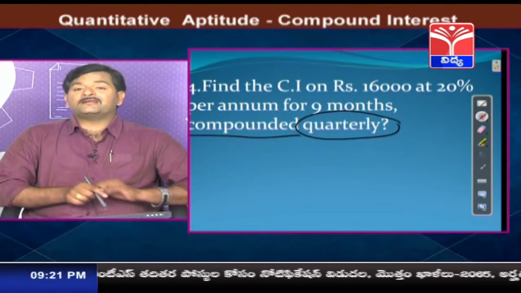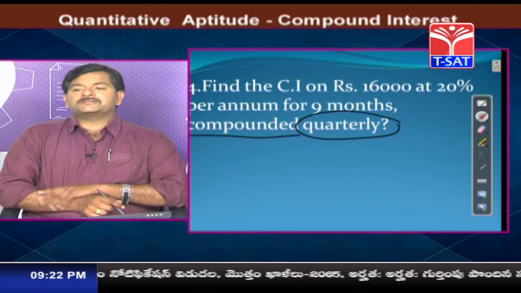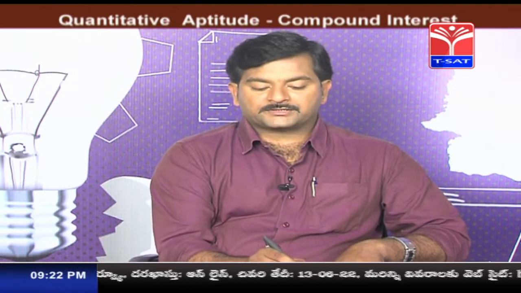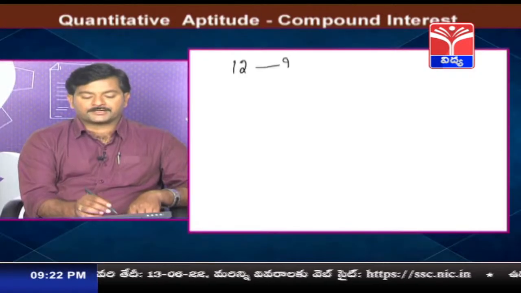He gave the yearly rate of interest, that is the 12 months rate of interest. Yearly how much is given? 20%. For 12 months the rate of interest is 20.